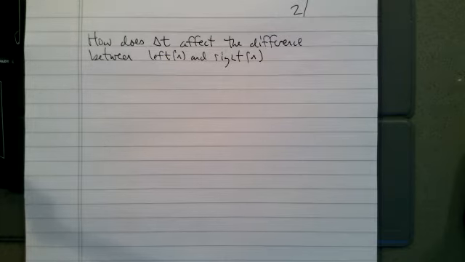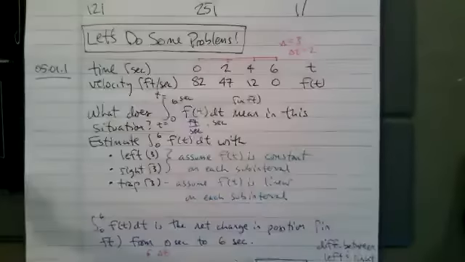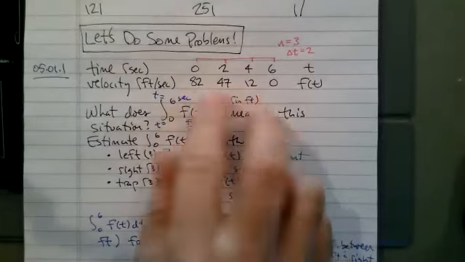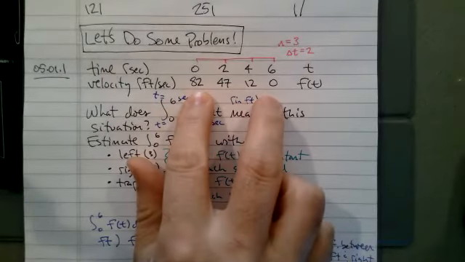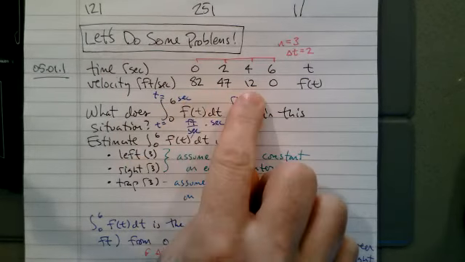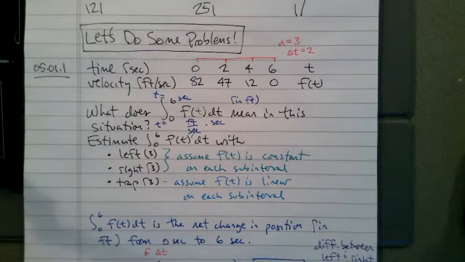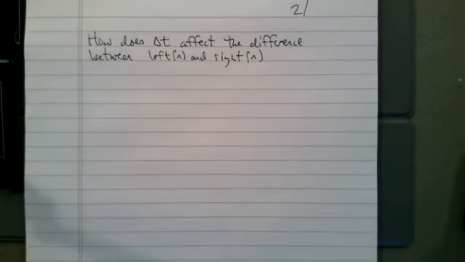But notice that the information that we have decreases very rapidly. This is a 6-second event, and we're only recording the data every 2 seconds. So our method of recording data is clearly insufficient.